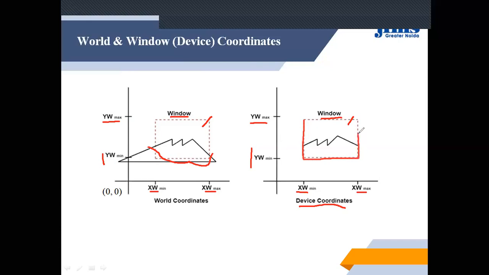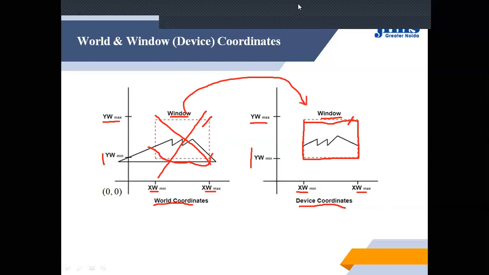These are the coordinates of that image, and this is the world coordinate. So we are not concerned about the world coordinate. This is for our understanding of how we can represent a world image as a window image.